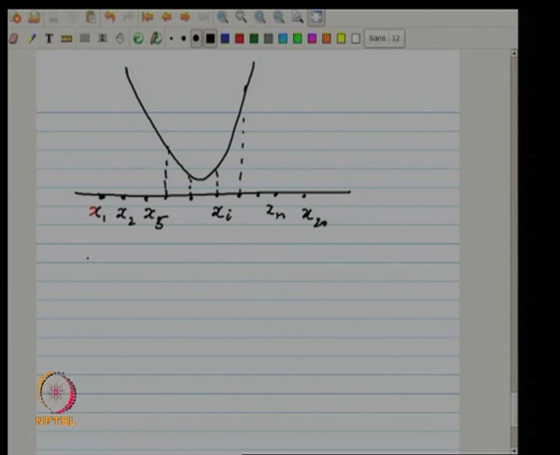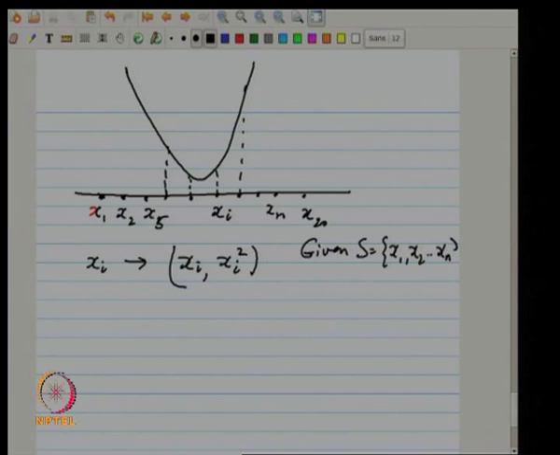A point xi gets mapped to xi comma xi square. So, given S equal to x1, x2 to xn, I define S prime as a two dimensional set of points: x1, x1 square, x2, x2 square, etc.